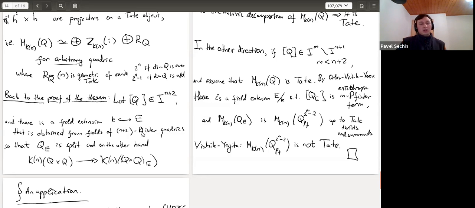And so after you take this field extension, your quadric actually becomes split, and its motive is of course Tate.